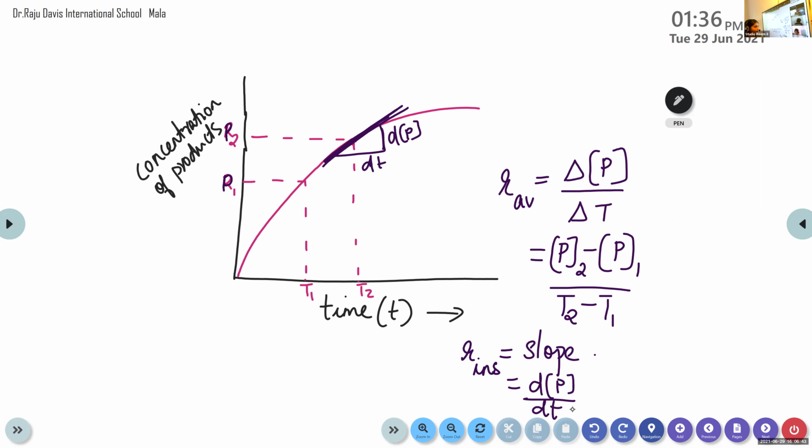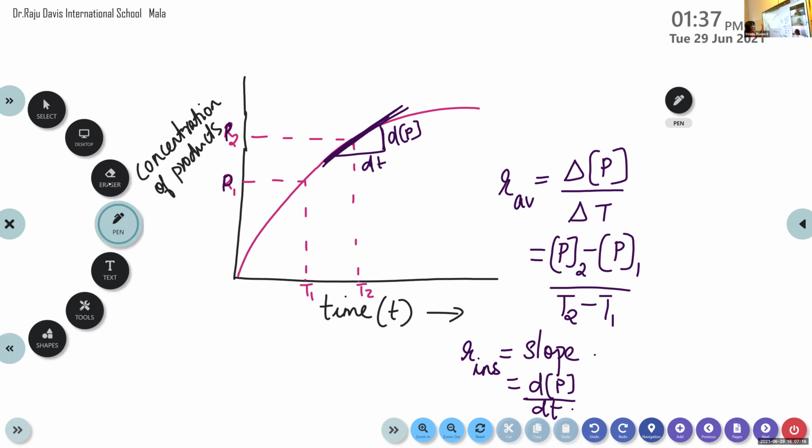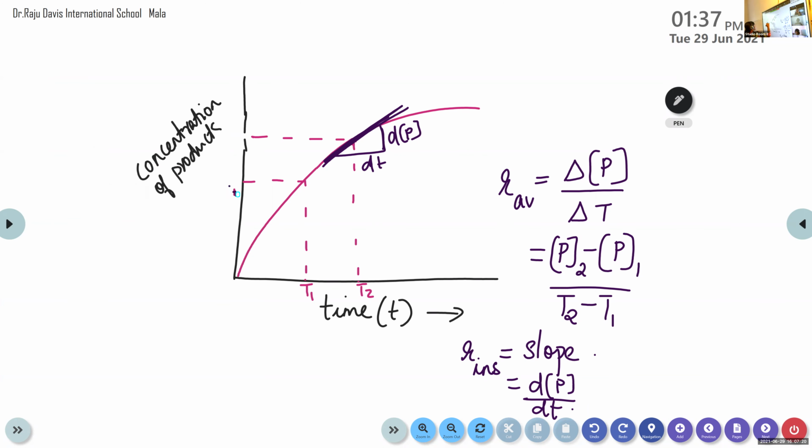In the case of reactants, it is negative slope, and here simply slope. This is clear? All of you?